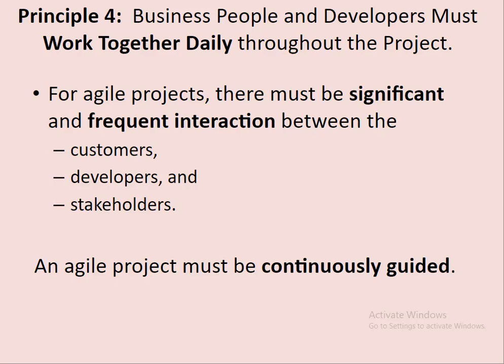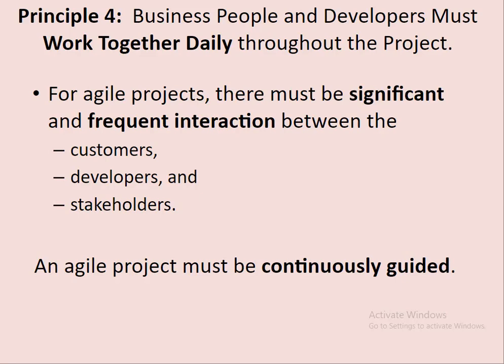Principle number 4: business people and developers must work together daily throughout the project, and that is what the daily meetings are for. It's very important. There they discuss what they did yesterday, what they are doing today, and what the hurdles are in the way of development. It is very necessary, right?